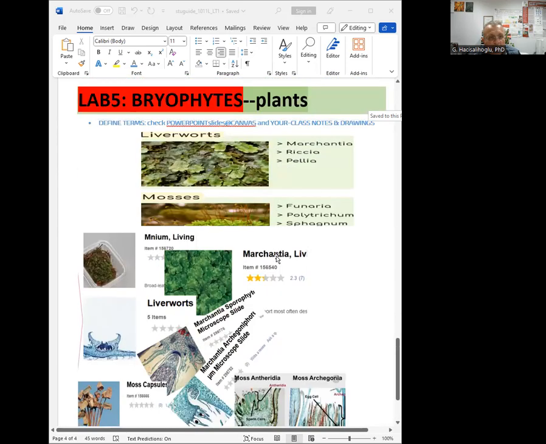So this is lab number 5. With all labs from 1 to 5, check the tables at the end of the lab. For items that you're supposed to draw, look at your notes and your lab lecture notes, and then look at your drawings and check every drawing. Maybe make flashcards of these drawings and identify which is which in labs 1 to 5.